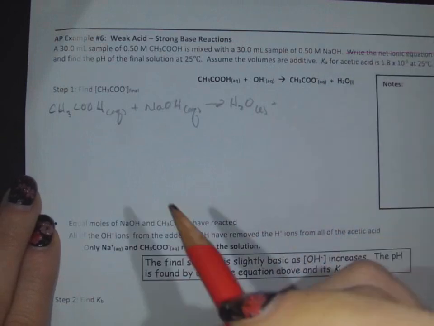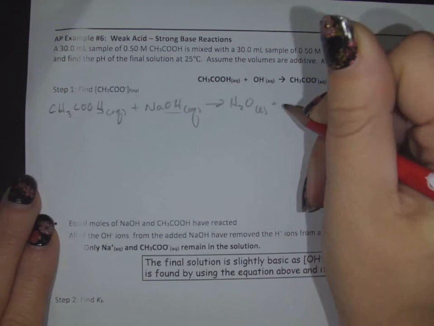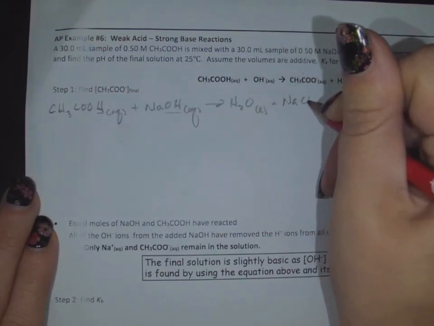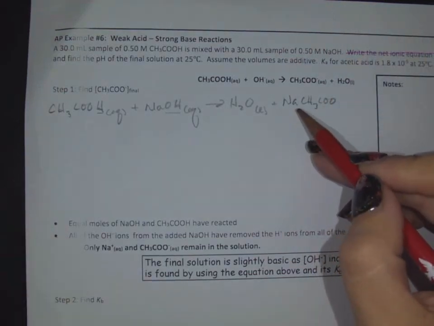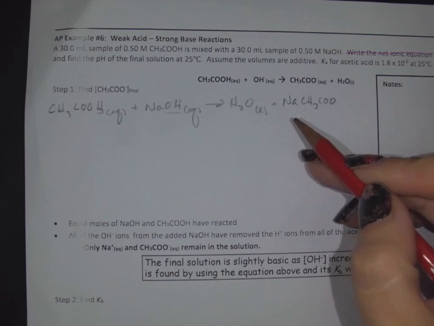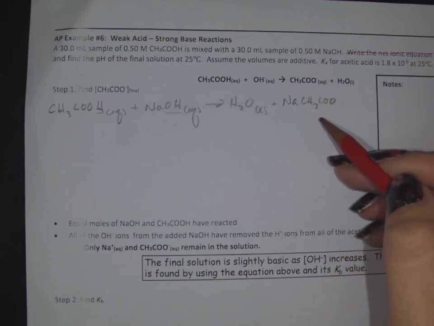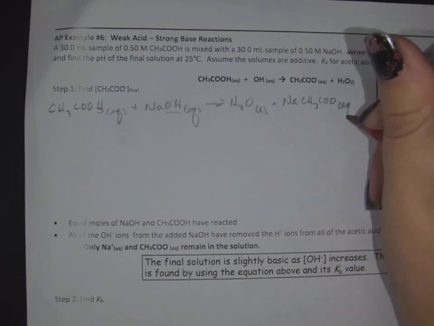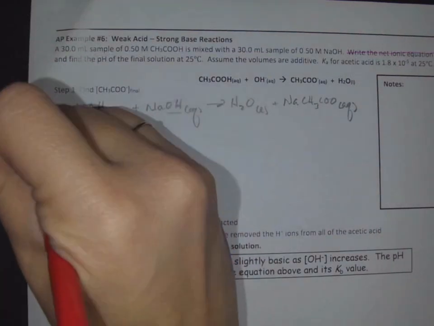Now, we know the water came from this hydrogen and that hydroxide, and so we're going to get sodium acetate, CH3COONa. Sodium is soluble, and we haven't really gone over it in class, but acetate, the CH3COO minus, is usually quite soluble as well. But sodium definitely is, and so we got aqueous, okay?